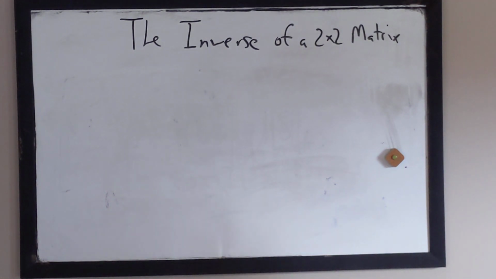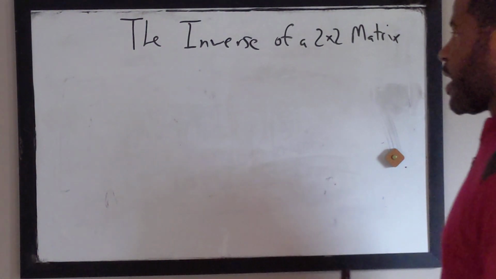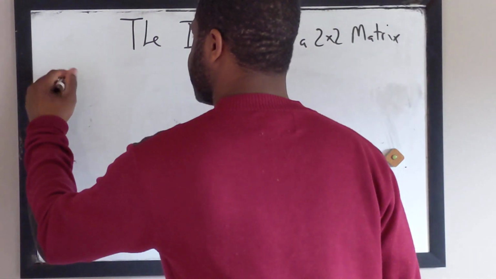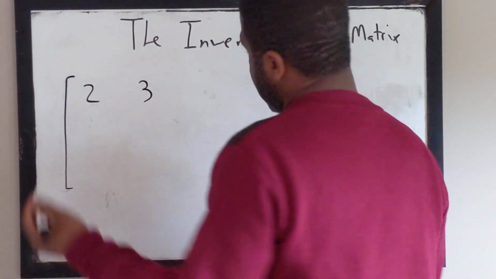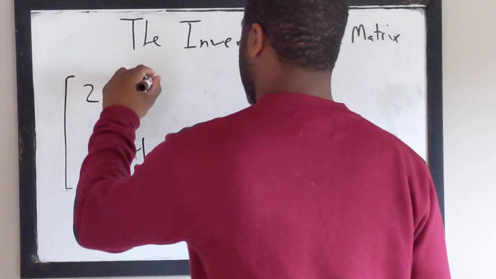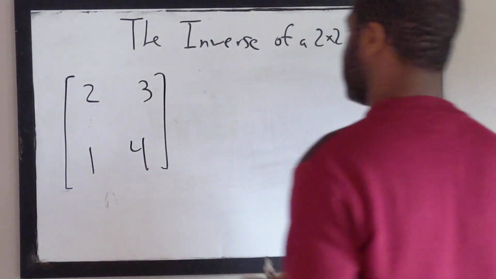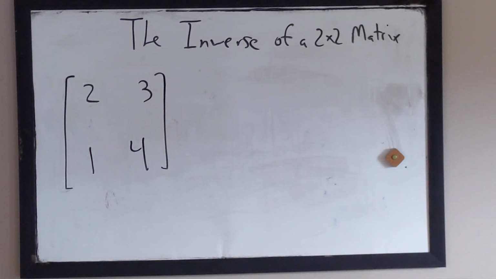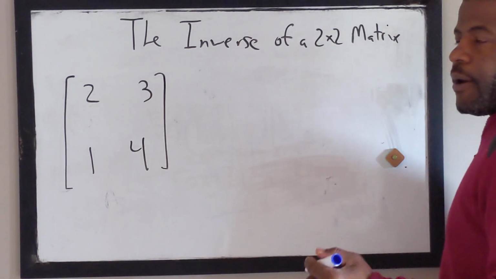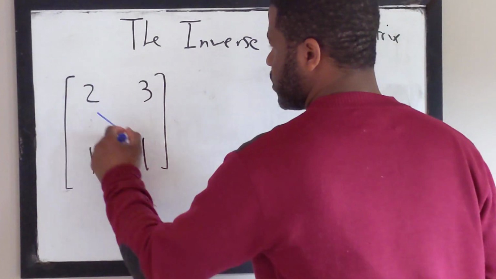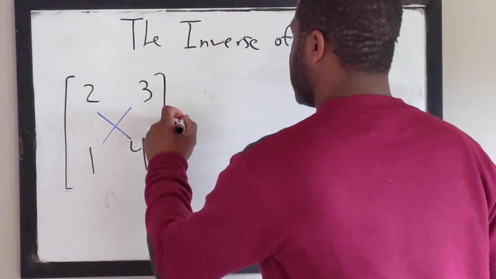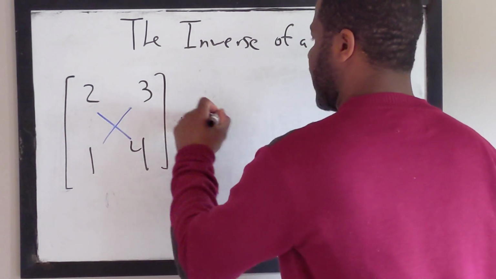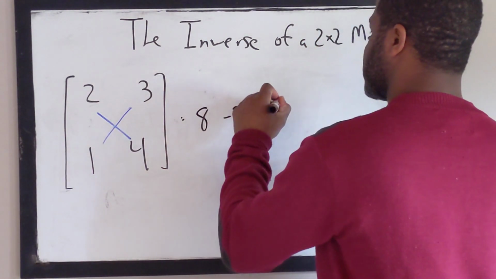All right. So now I'm going to give us a random matrix, y'all. Let's say 2, 3, 1, 4. Now, the first thing we need to know each time we get ready to find the inverse: 2 times 4 is 8 minus 3, which gives us 5.